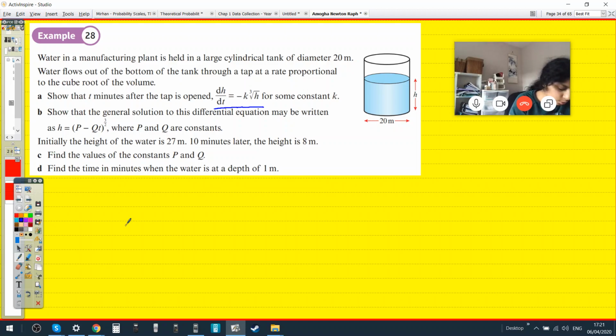So would you have to do 1 over cube root of h dh is equal to minus k dt? Cube root of h is equal to, say, minus k dt. Okay.